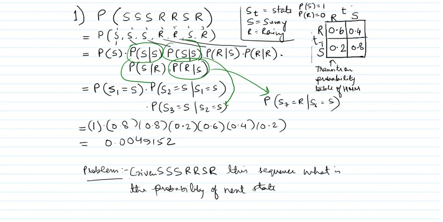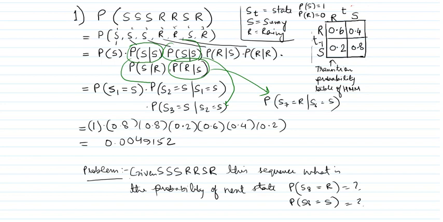What is P of S8 equal to R, and what is the probability of P of S8 equal to S? So these two things will be required.